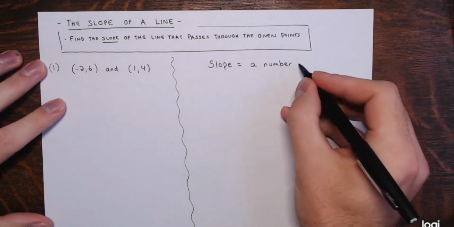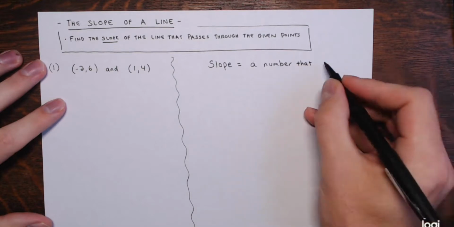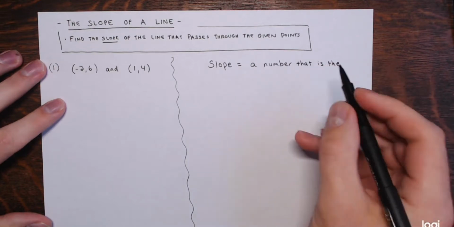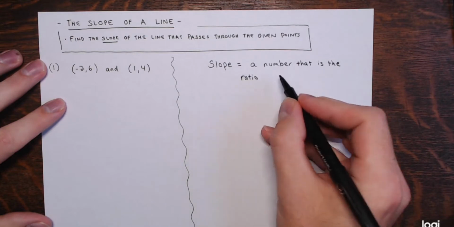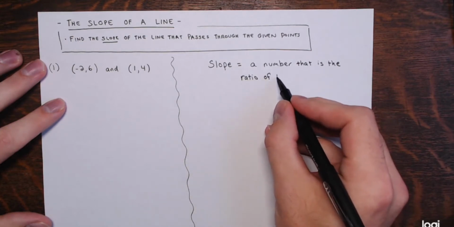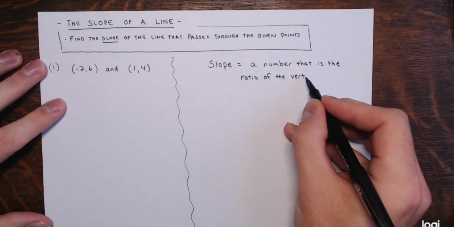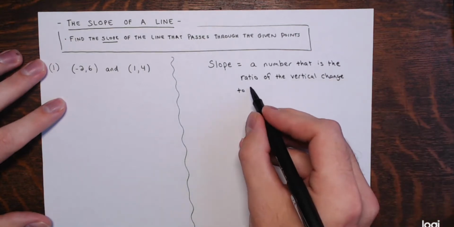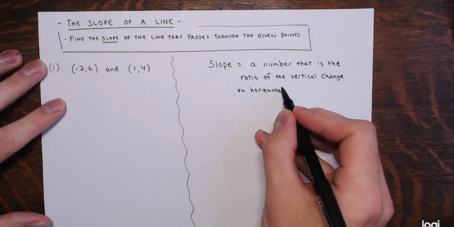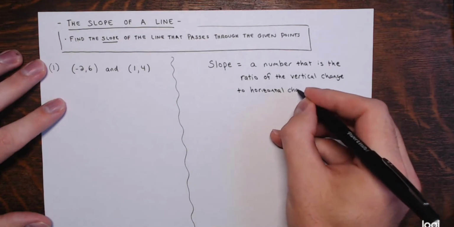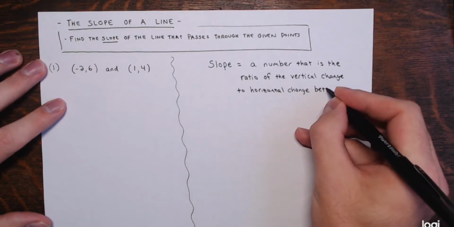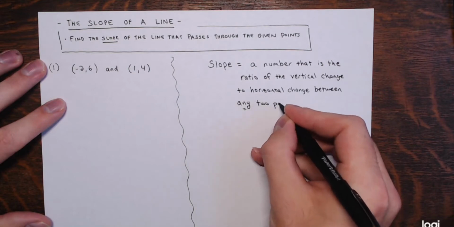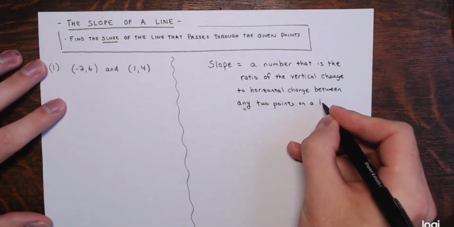It's a number that is the ratio, a fraction usually, of the vertical change to horizontal change between any 2 points on a line, a straight line.